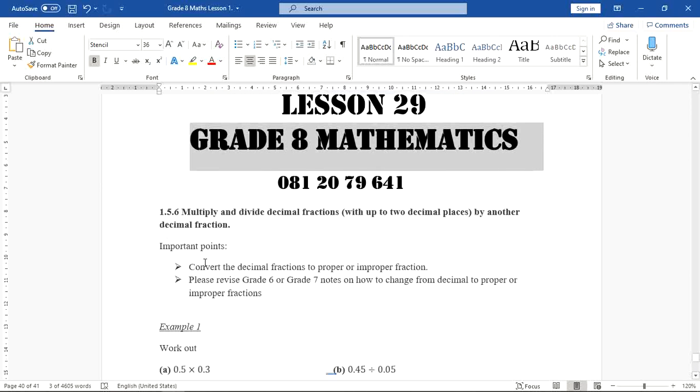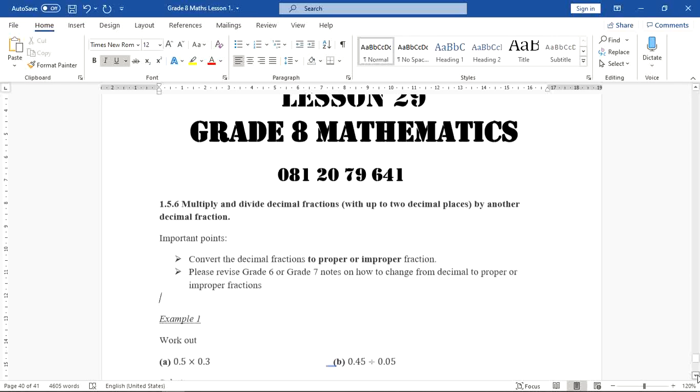The first thing is to convert the decimal fraction to either a proper or improper fraction. For you to do that, you need to revise what you did in grade 6 or grade 7, so you remember how to change a decimal fraction to an improper fraction.